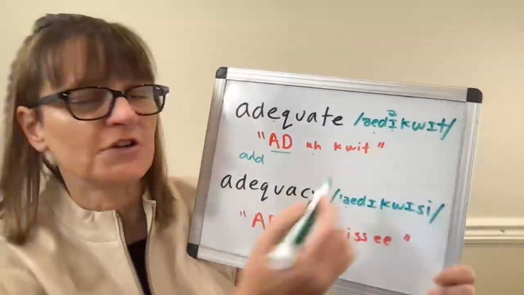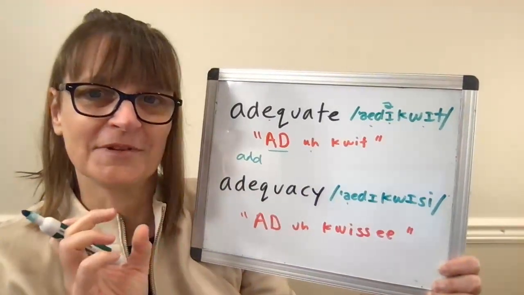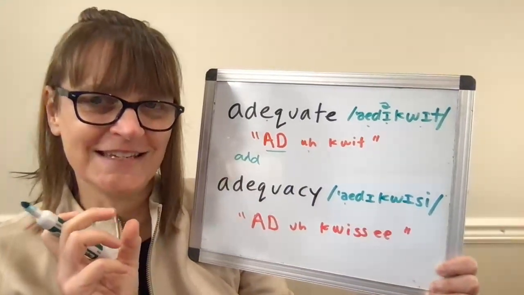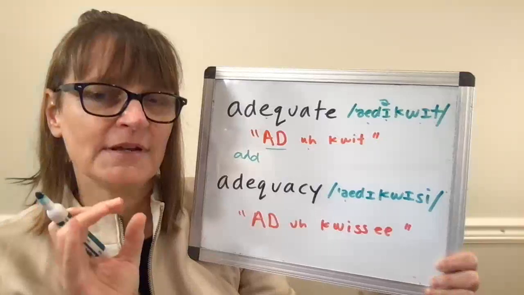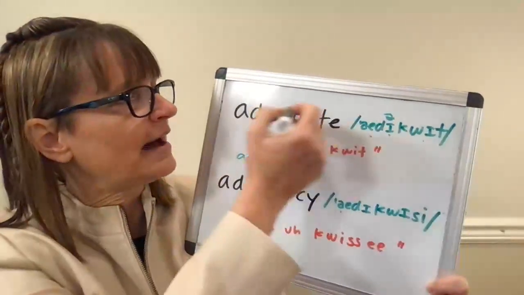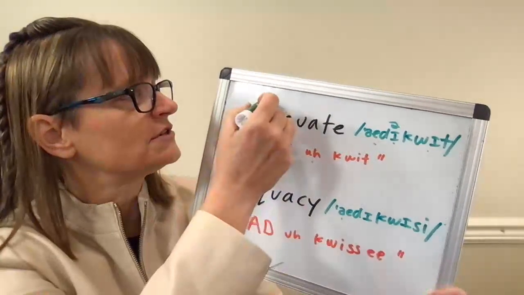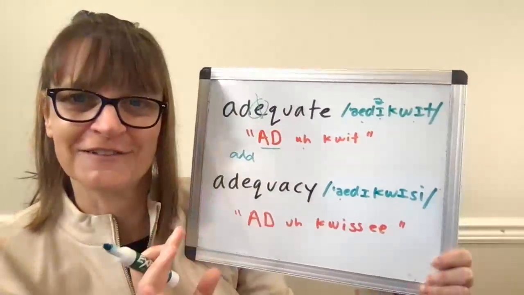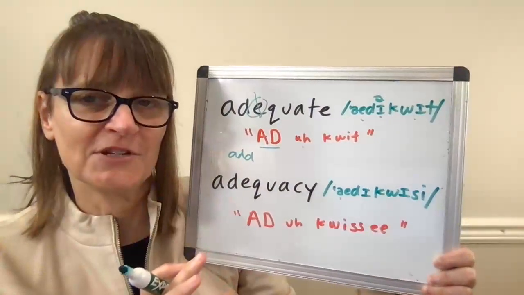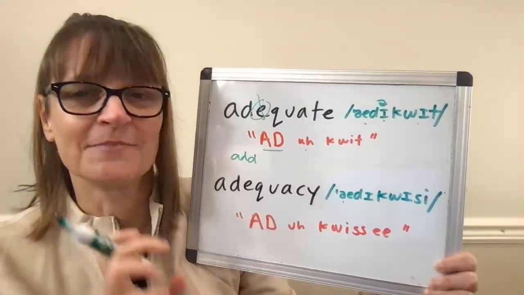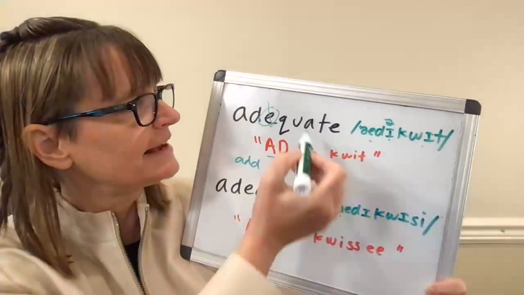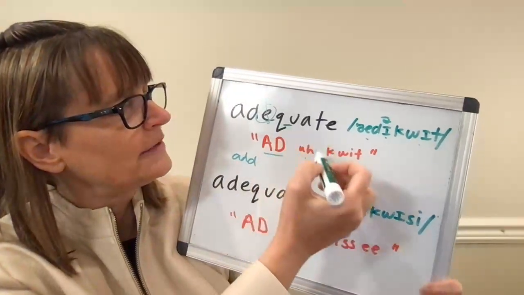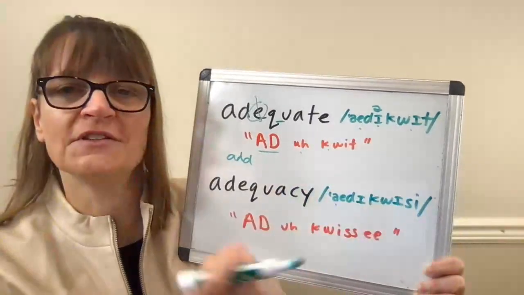Oftentimes, I think when people try to do the I sound, they end up with something a little bit too tense, like an E. So it's easier to think adequate. You just really want this vowel to be reduced. It doesn't drop out entirely. You definitely need a syllable there, but don't spend much time on it and don't give it any clarity. Adequate. And then lastly, the qu, the QU, says the k and w sounds together.